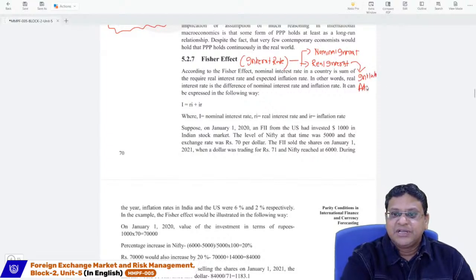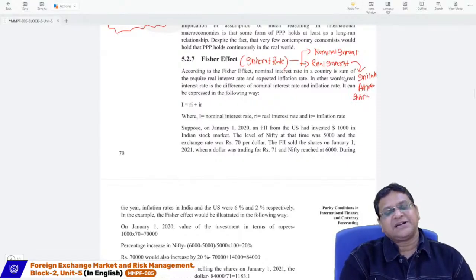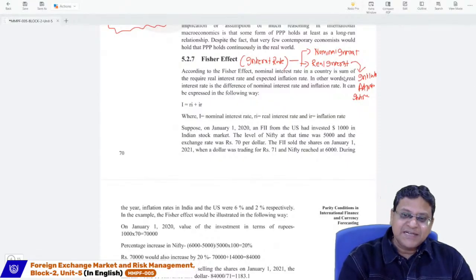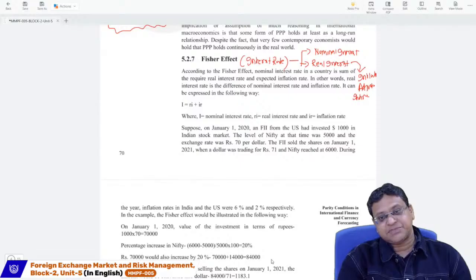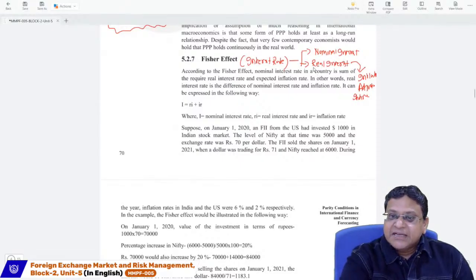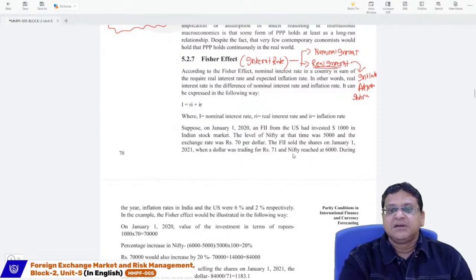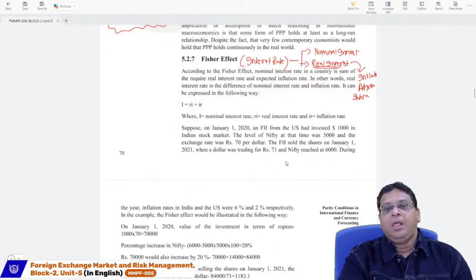According to Fisher, there are these two important concepts, and the real interest rate between different countries must be the same.